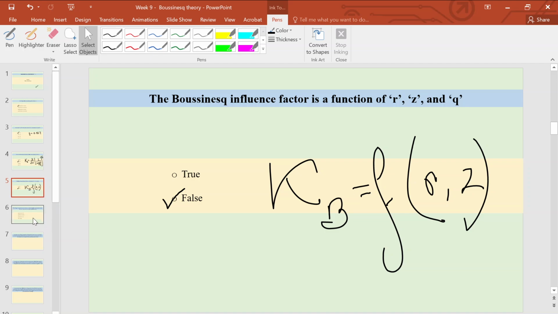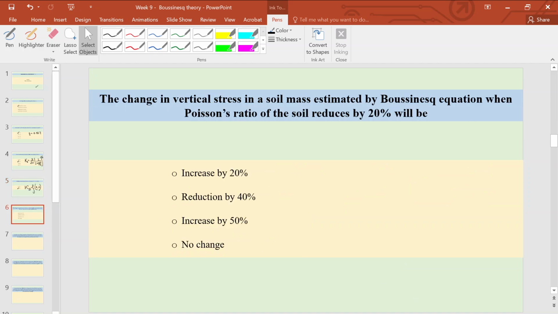Next question: the change in vertical stress in a soil mass estimated by the Boussinesq equation when Poisson's ratio of the soil reduces by 20% will be what?